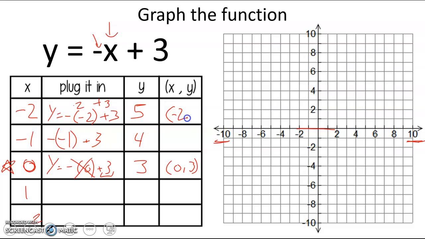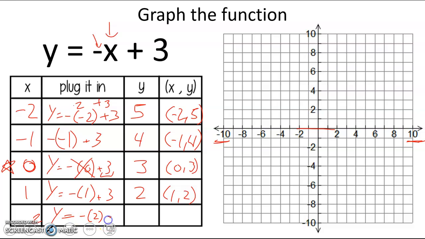I'm going to write my ordered pairs over here. And then down here, this is going to be negative 1. Negative 1 times negative 1, which is just negative 1 plus 3, which is 2. So 1 times 2, 1 and 2. And then I plug in right here a 2.